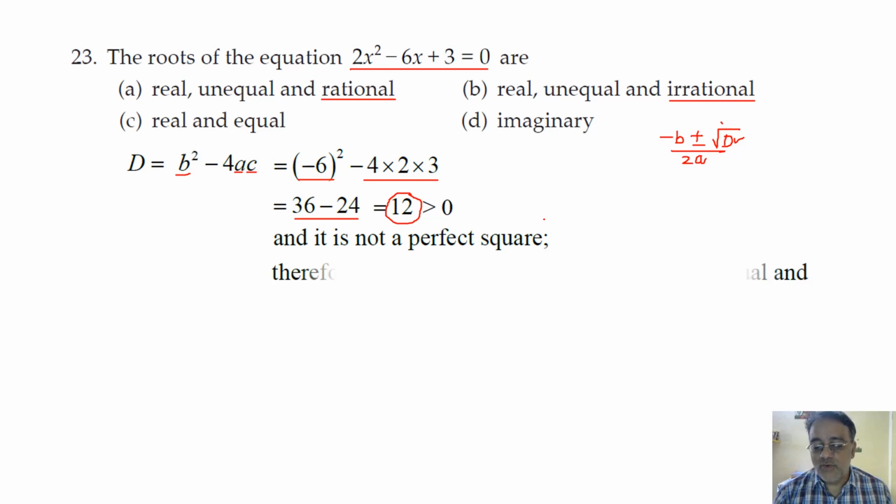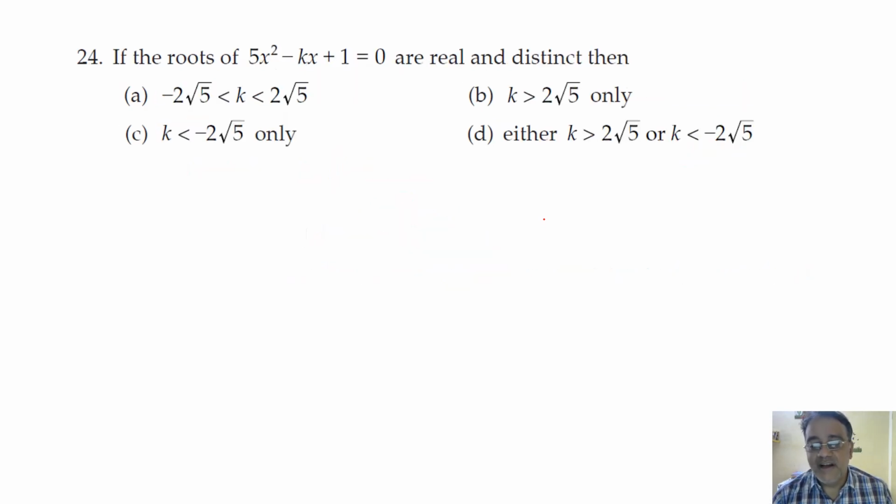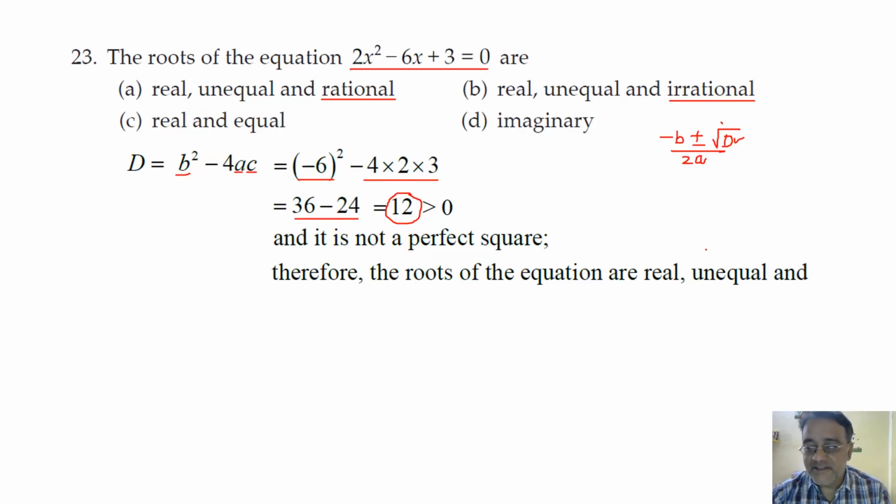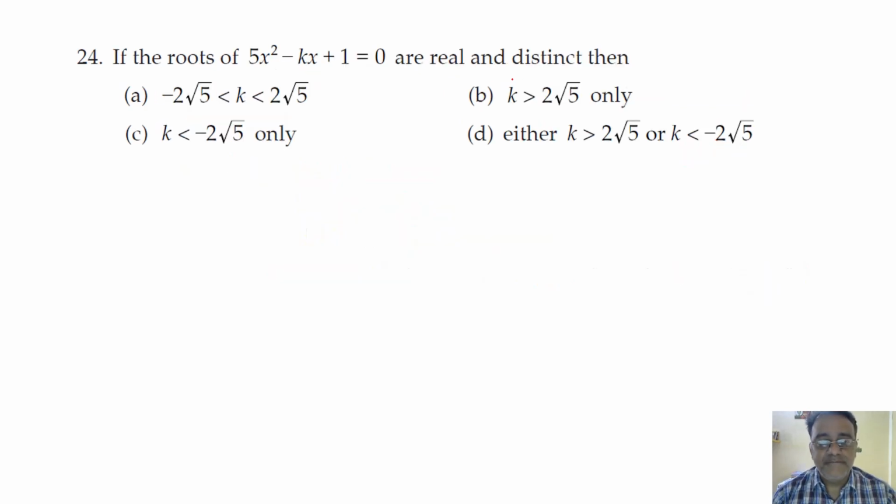So therefore the roots of the equation are real, unequal and irrational. Okay? Does anyone have any doubt on this rational and irrational concept? No, sir. So the correct option is option B. Right. So now we are moving toward question number 24.